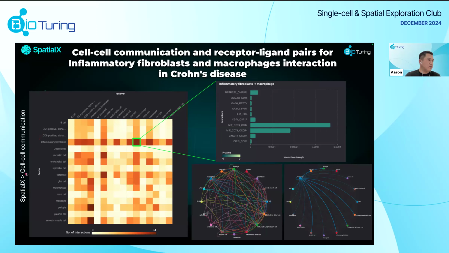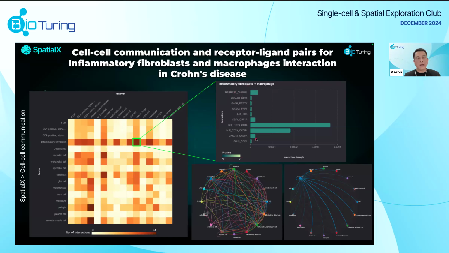For example, here, if you go to cell-cell communication to analyze the interaction between the cell types that we've seen before, and look at the macrophage and the inflammatory fibroblasts, the two cell types that we saw stay in very close proximity in the neighborhood analysis and also at the single cell level, we can see there is a high number of interactions between the two cell types. And when you click into this heat map, you're able to see the potential receptor or ligand that the two cells use for the interaction.